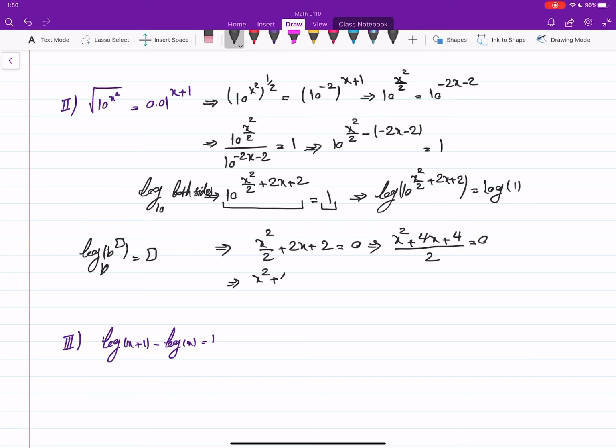In this case, this is even an easier case because this is x plus 2 to the power 2 equals 0. Or you can use the quadratic formula, it's up to you. So x plus 2 is equal to 0. That means that x is equal to negative 2. That is the solution for this exponential equation.